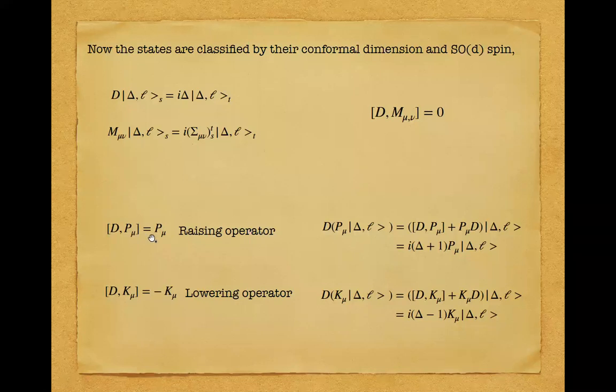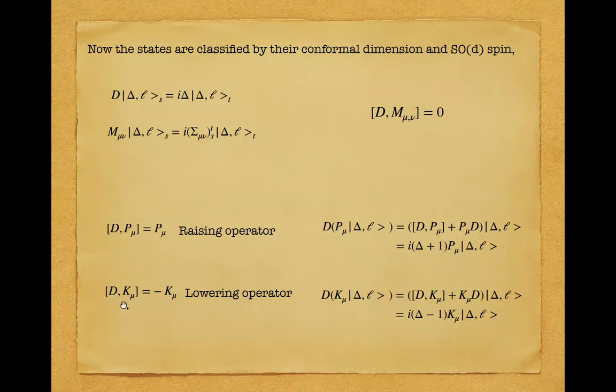Okay, so I thought that Parthiv defined the commutator like this, but maybe I'm mistaken. So there could be a difference of i, that's possible. What matters is that the D, P mu commutator should be proportional to P mu, such that when you act P mu on a state and you use the commutator relation between D and P mu, it should increase the energy by 1 unit.